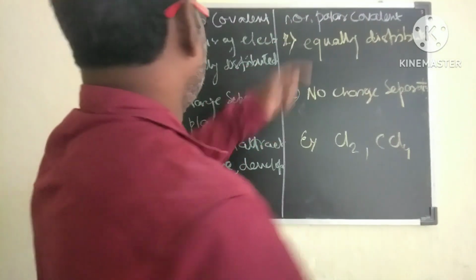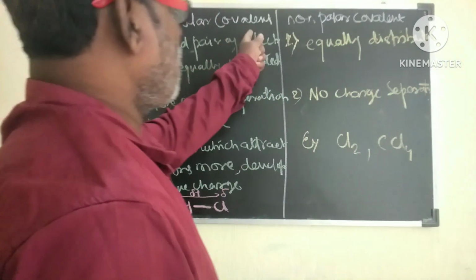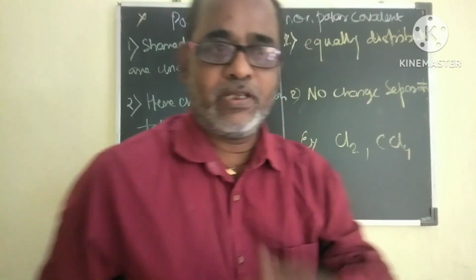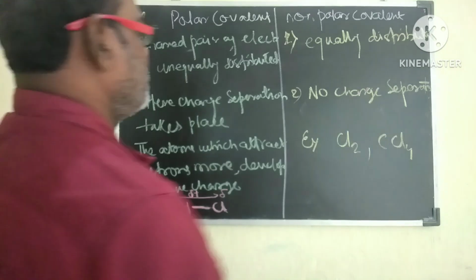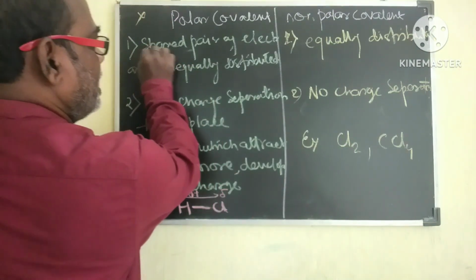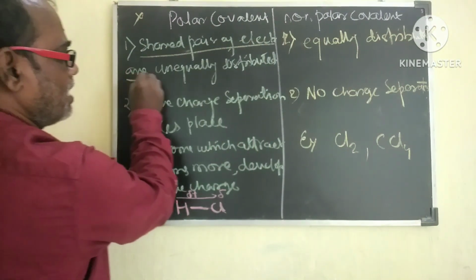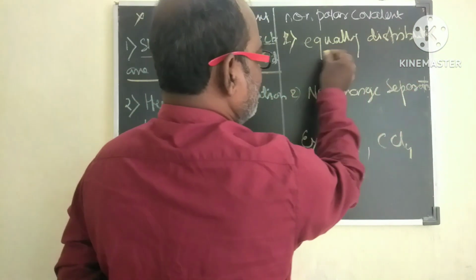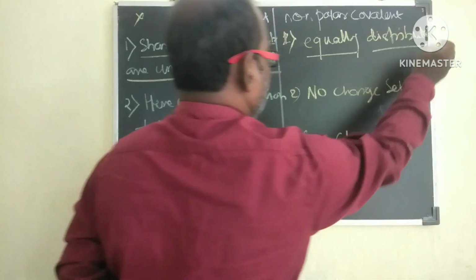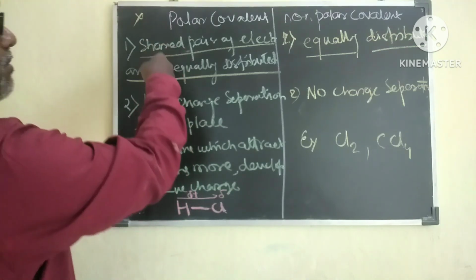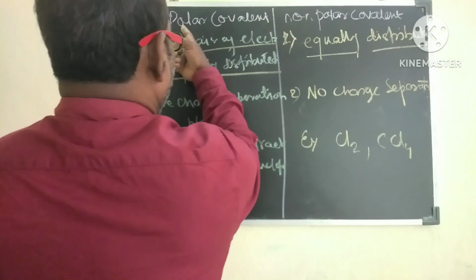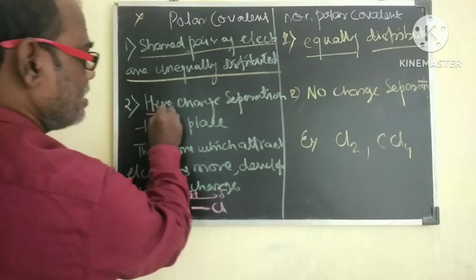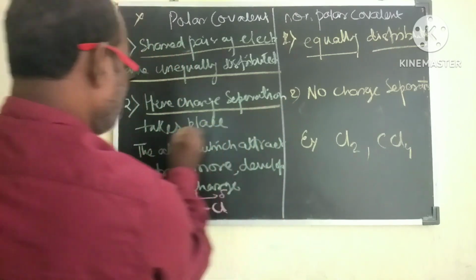One more thing you have to know, that is the polar covalent and non-polar covalent, which I have told you. I have written here, try to understand it again. Number one, in polar covalent the shared pair of electrons is unequally distributed, whereas in non-polar covalent it is equally distributed. Again, in polar covalent charge separation takes place.